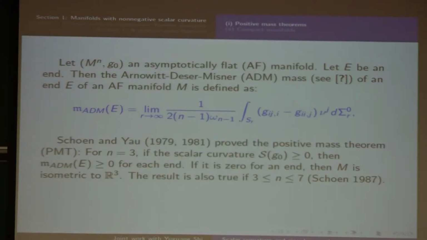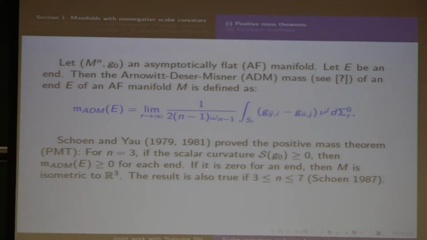Well, it's well known that in '79 and '81, Schoen and Yau proved the positive mass theorem. They proved that if the scalar curvature of an asymptotically flat manifold is non-negative, then the ADM mass should be non-negative also.